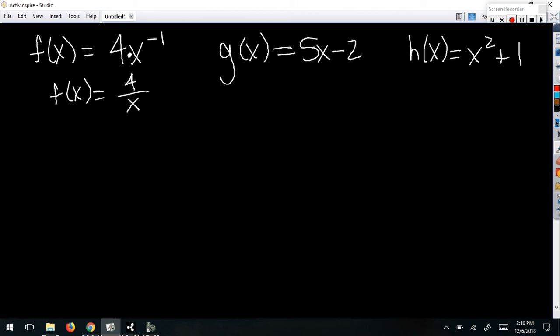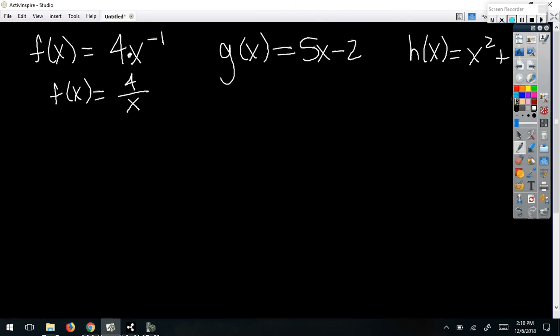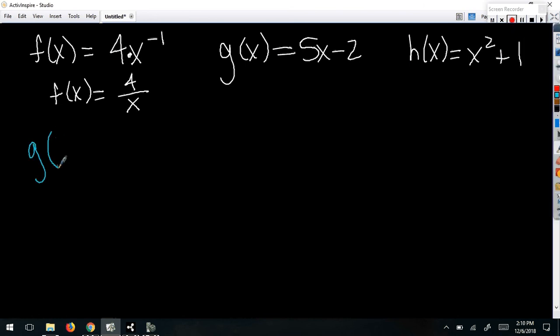What is g of h of x? Inside out. Inside out. Do you know what h of x is?